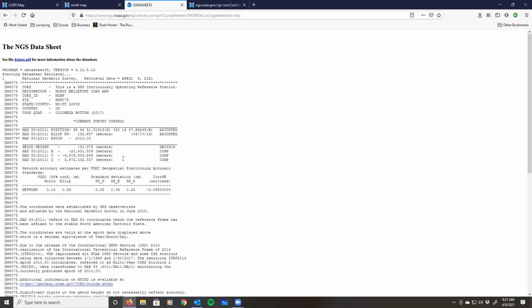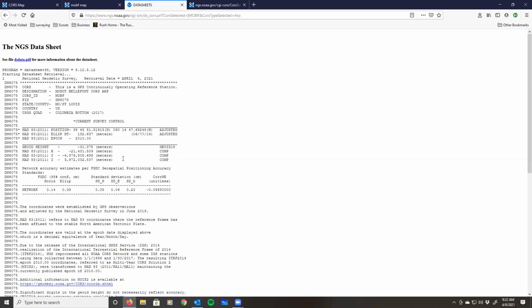So you end up getting 164.012 meters, which is an elevation of 538.10 feet as your elevation.